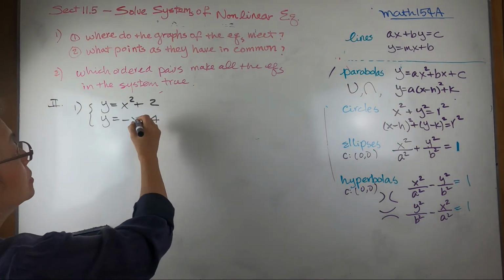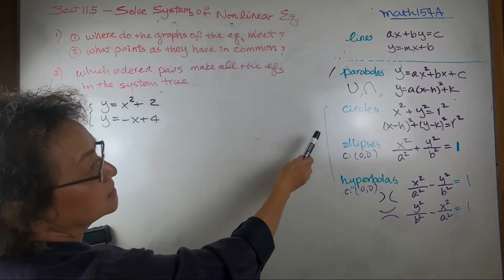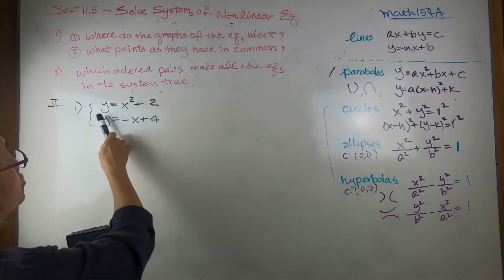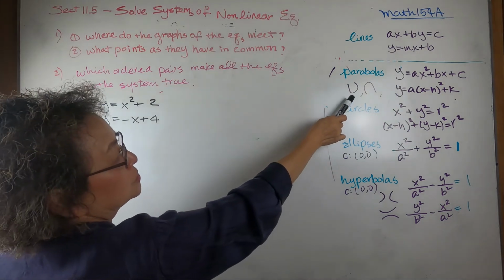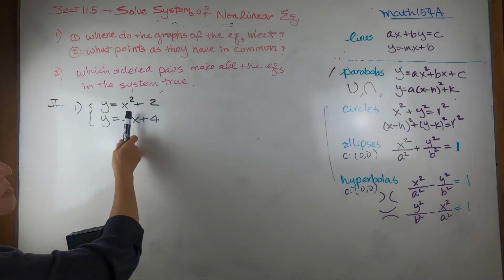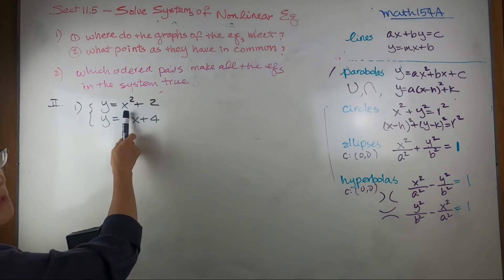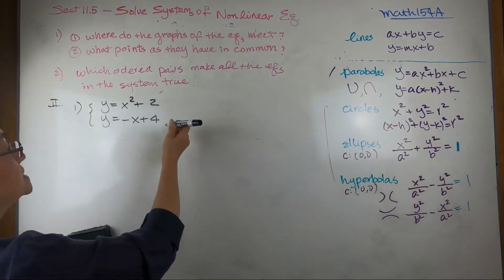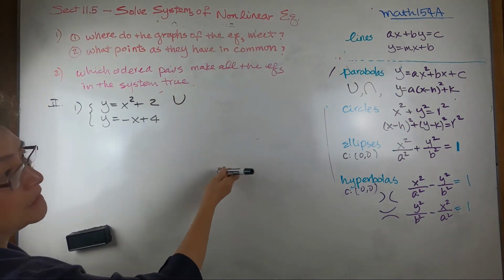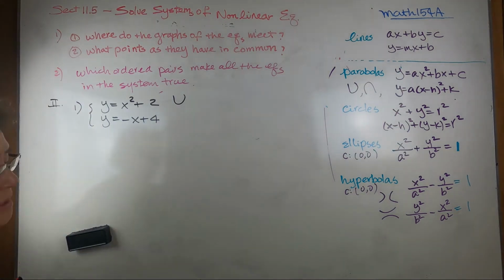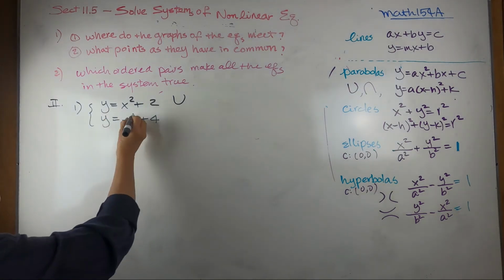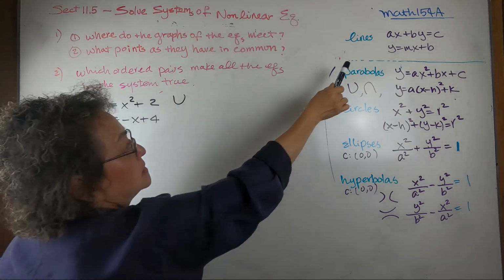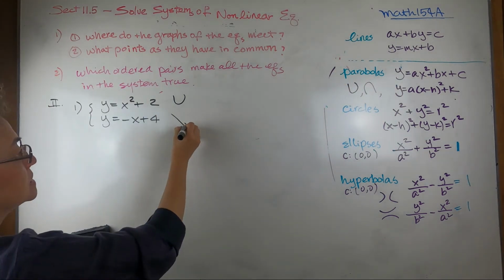For the first one, x squared plus 2, y is only first degree, so that will be your parabola. Then you decide whether this parabola opens up or opens down. It's up, right? Because the leading coefficient is positive. And the next one has only one power for both x and y, so that would be a line.